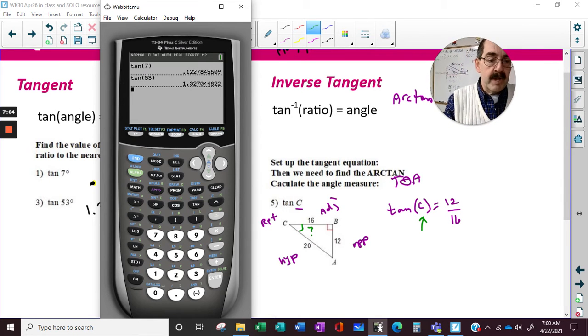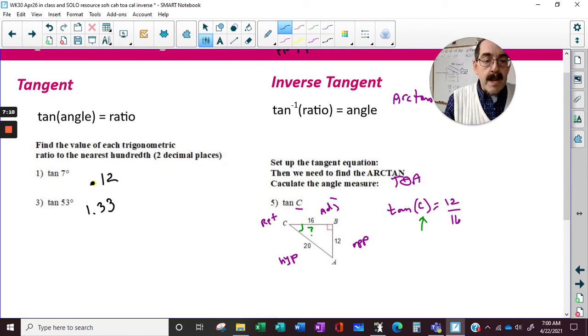Okay? So, everybody on your paper, you have written down the tangent of C equals 12 over 16. Now, everybody write to undo, okay, to undo this, we put the ratio in there. Matter of fact, I'm going to rewrite this.